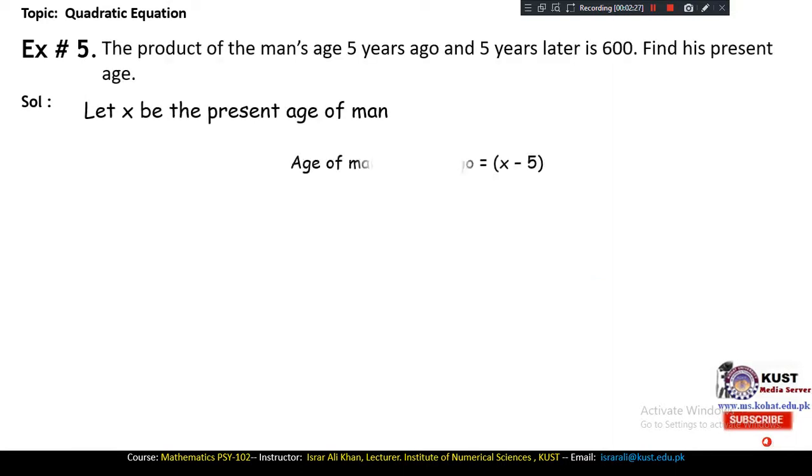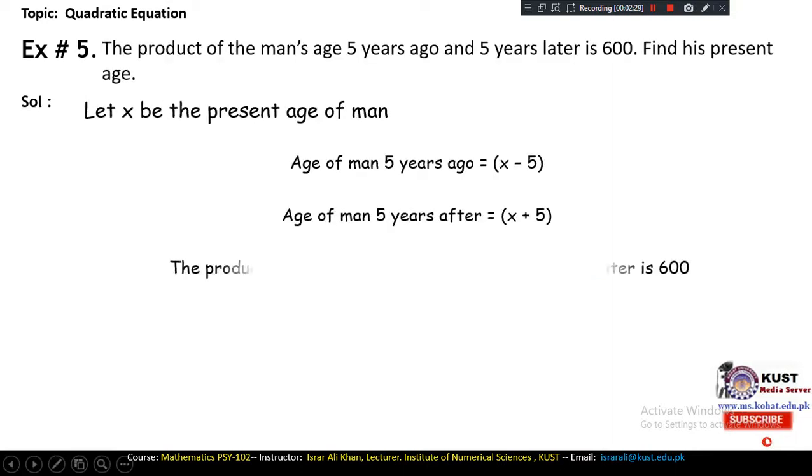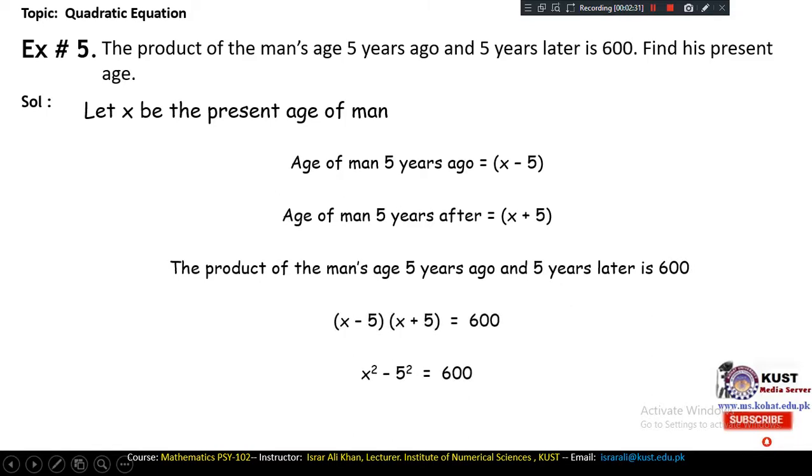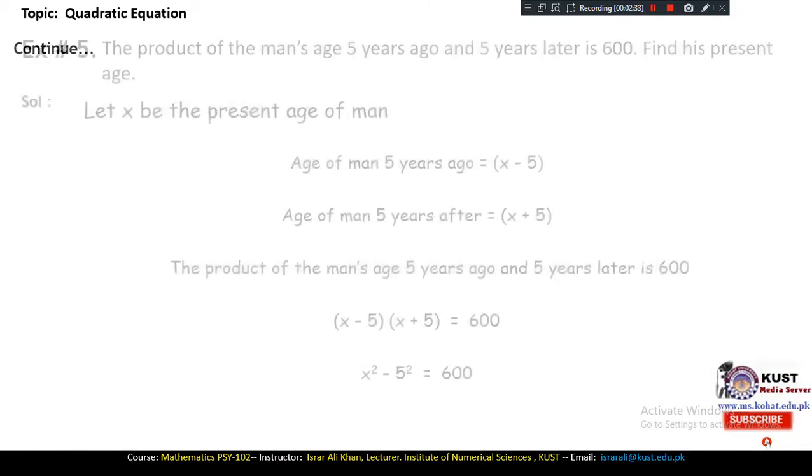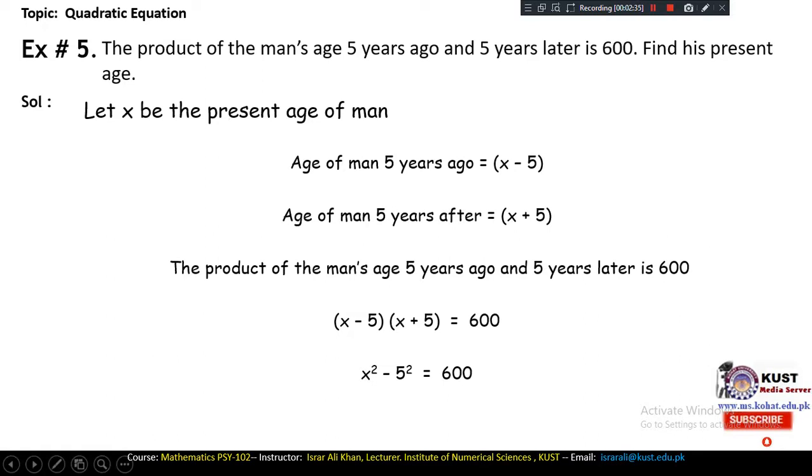Now here's a fifth example. The product of the man's age 5 years ago and 5 years later is 600. Find the present age. This problem is about the man's age.